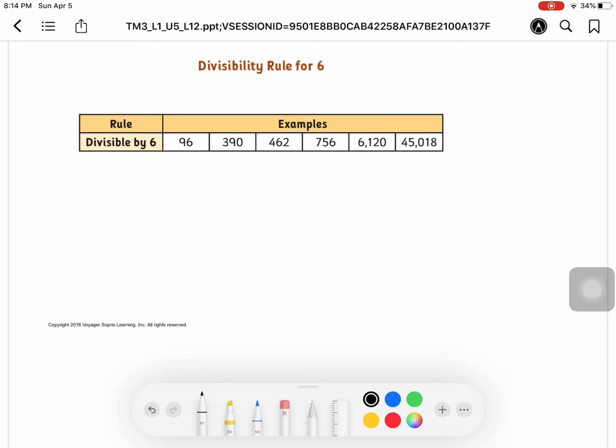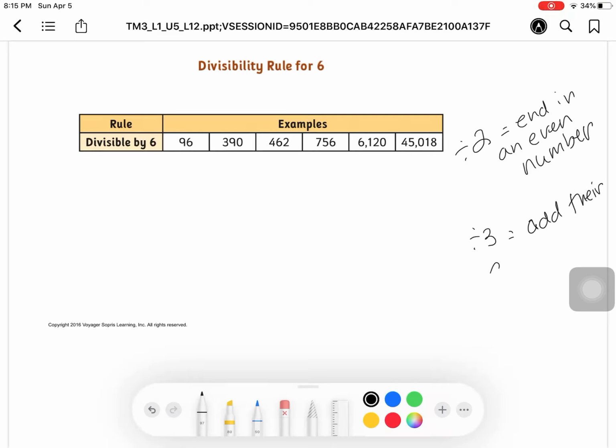Okay, so when we look at our divisibility rule for 6, I'm going to remember my rule for 2. So the divisibility rule for 2 was if it's divisible by 2, it ends in an even number. And we just talked about if it's divisible by 3, any number divisible by 3, you add their digits.